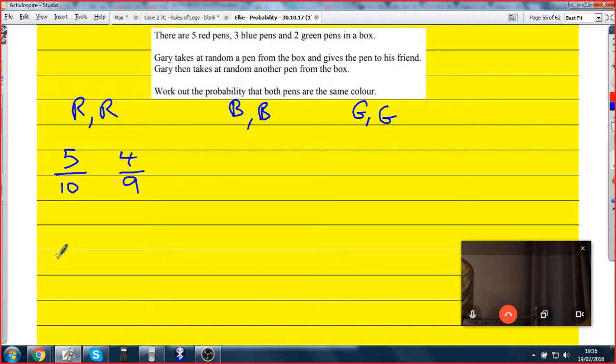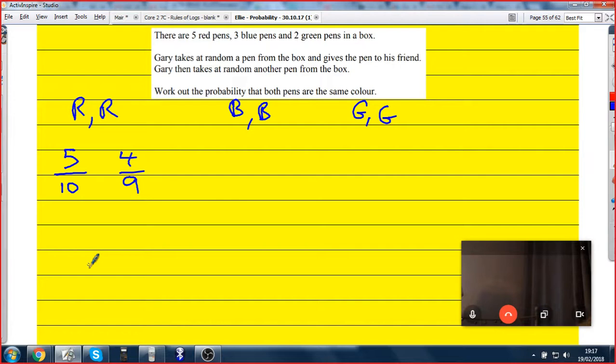Any idea how you find the probability of getting both a red and a red from the box? What if you had 2 times, like picking one out?